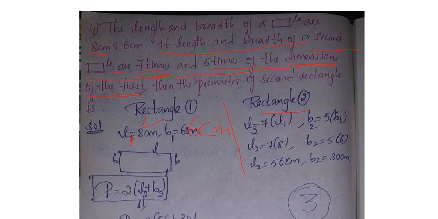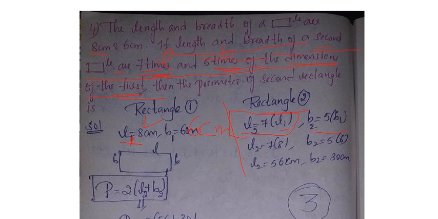So L2 equal to 7 into L1. Can I frame the equation in this way? Yes. Why? Because they gave that the length of the second rectangle is 7 times the dimension of the first. So I wrote L2 equal to 7 into L1. Similarly, you write the second one, frame the second equation. They gave that the breadth of the second rectangle is 5 times the breadth of the first.